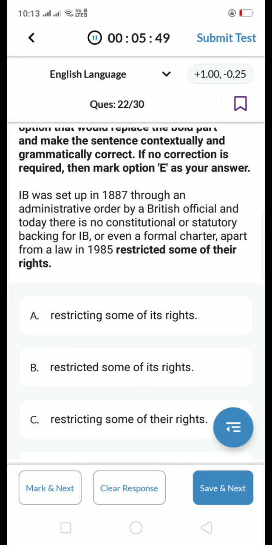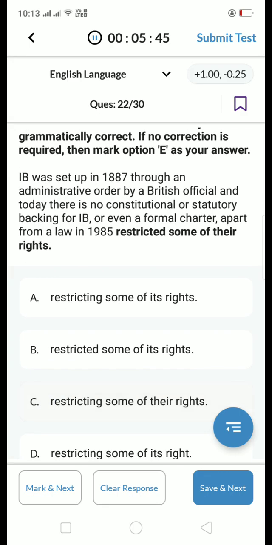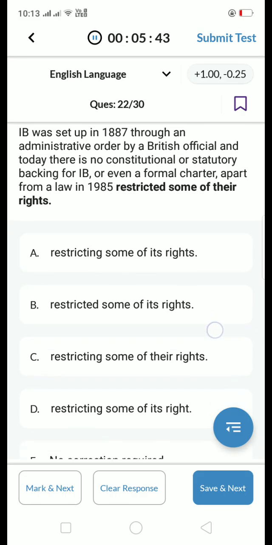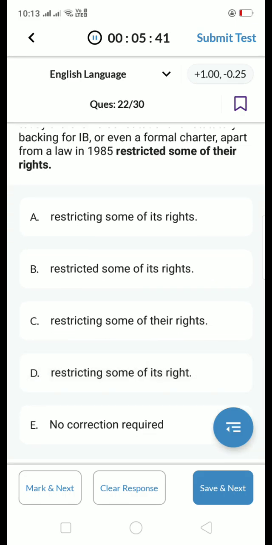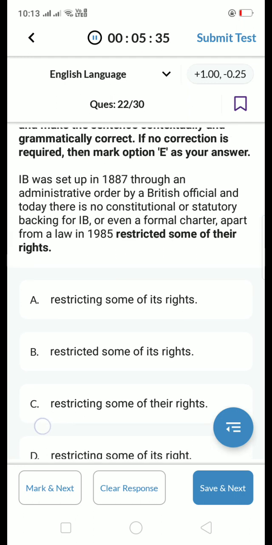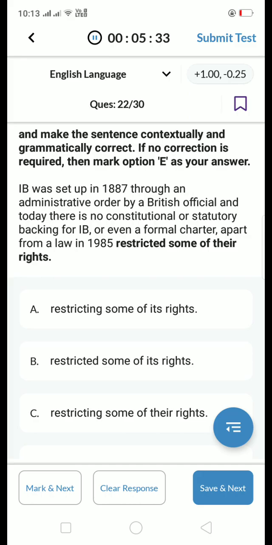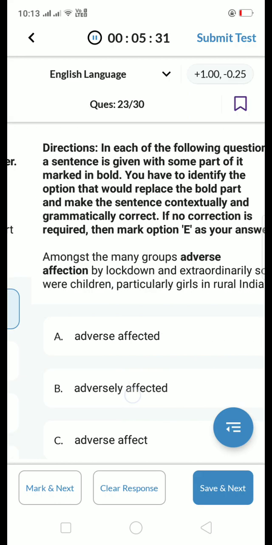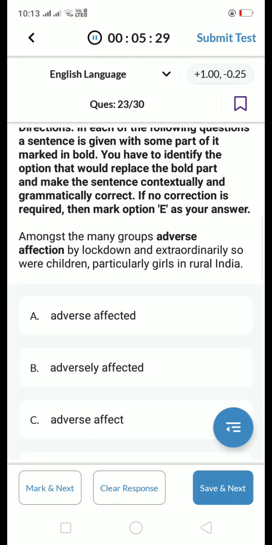Okay, restricting some of its rights. IB की बात हो रही है, there होगा नहीं, singular entity है, its ही लगेगा. Restricting some of its rights, तो some है ना, तो rights करते हैं, restricting some of its rights amongst the many groups adversely affected.